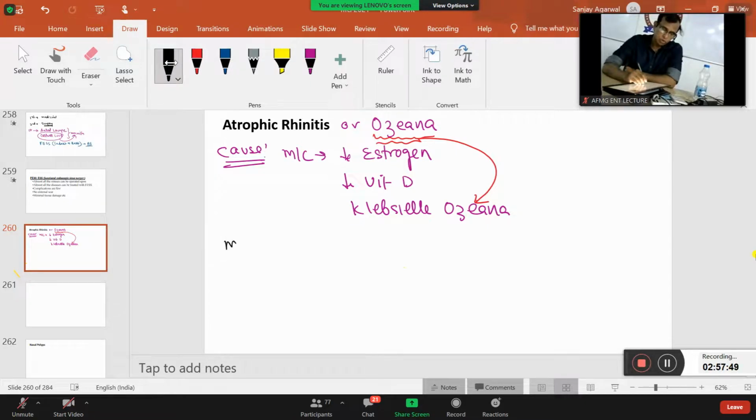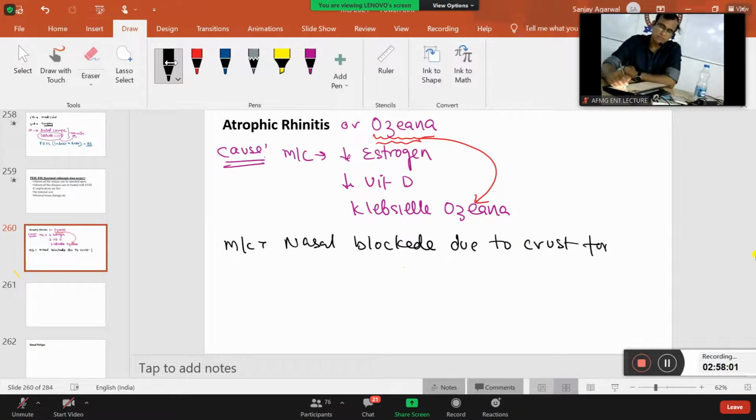Then presentation. Most common presentation is nasal blockage. And they ask you why nasal blockage happens. It is due to crust formation. There is a crust formation, and this is what causes the block of the nose.